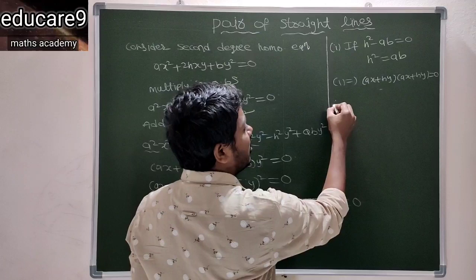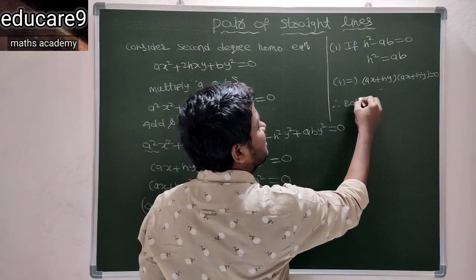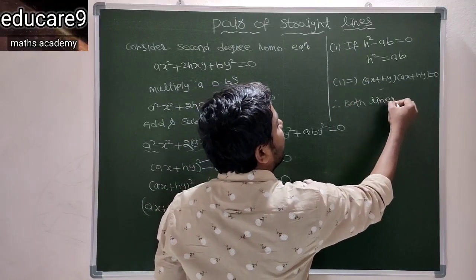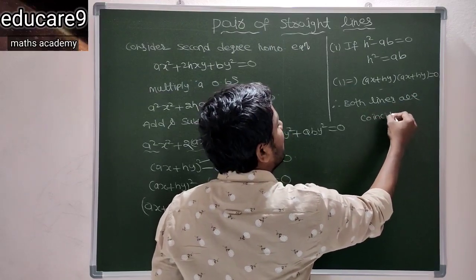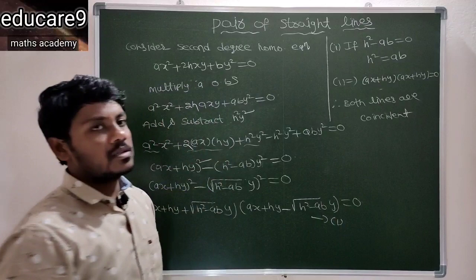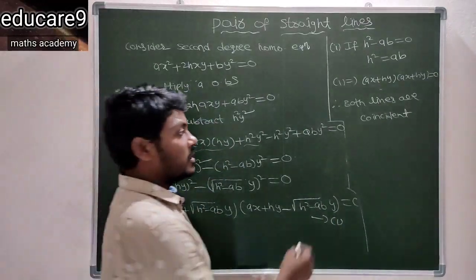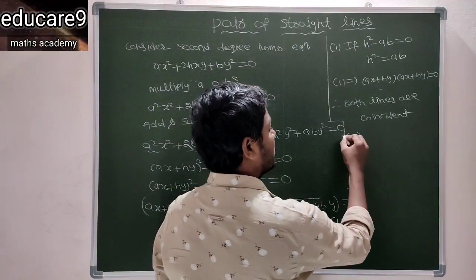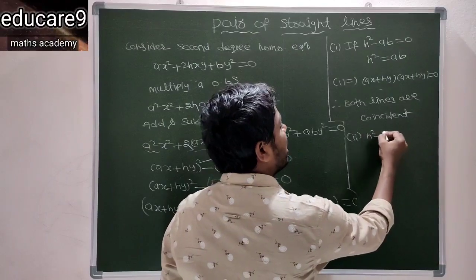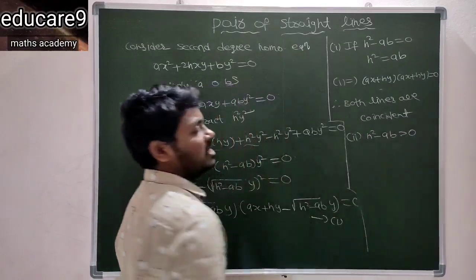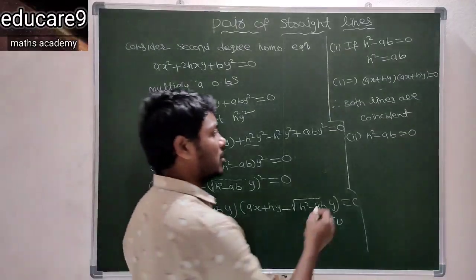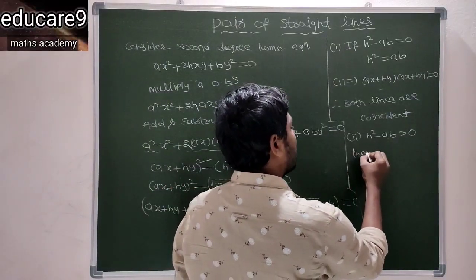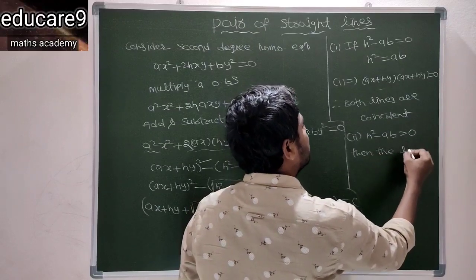So therefore both lines are coincident. This is the first possibility. See the second one. h square minus ab is greater than 0. It is positive. So clearly both are different lines, and the lines are real lines.